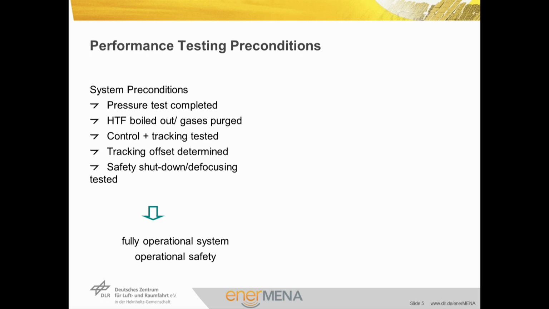In case of changes with a potential impact on the geometry of an installation, new tracking offsets must be determined. And for reasons of operational safety, system shutdown and defocusing have to be tested prior to test operation. Fulfilling these system preconditions assures a fully operational system and meeting the required operational safety procedures.